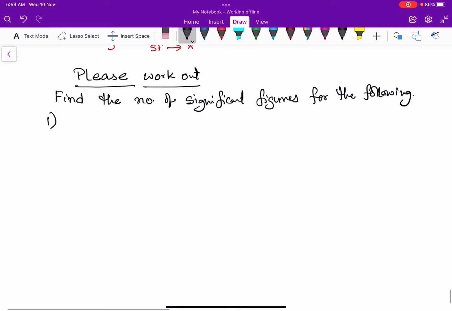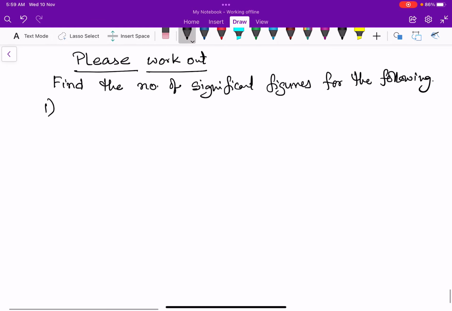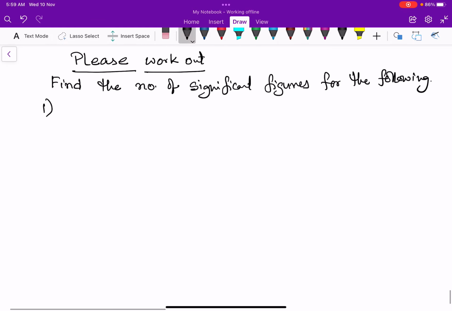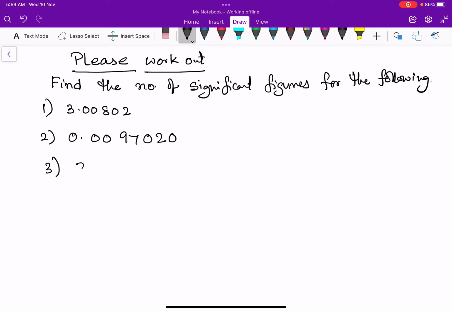First one, 3.0802. Second, 0.0097020. Third, 3721. Fourth, 20800. Fifth, 9.8700.